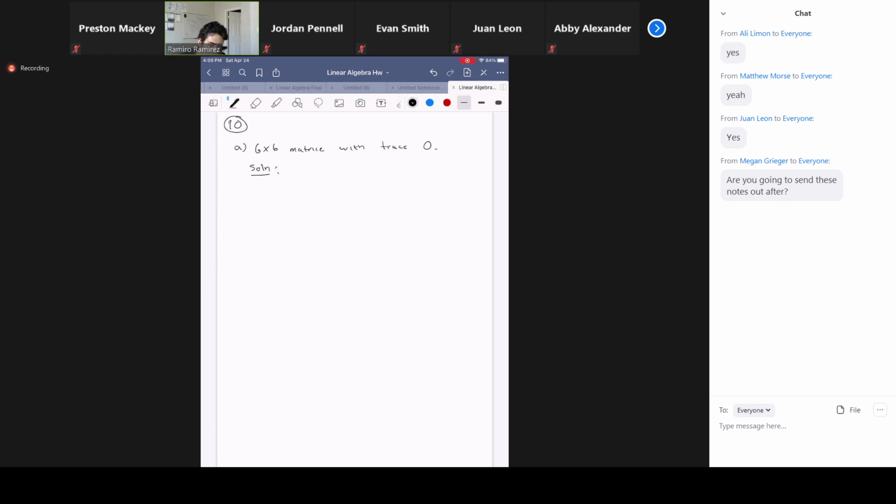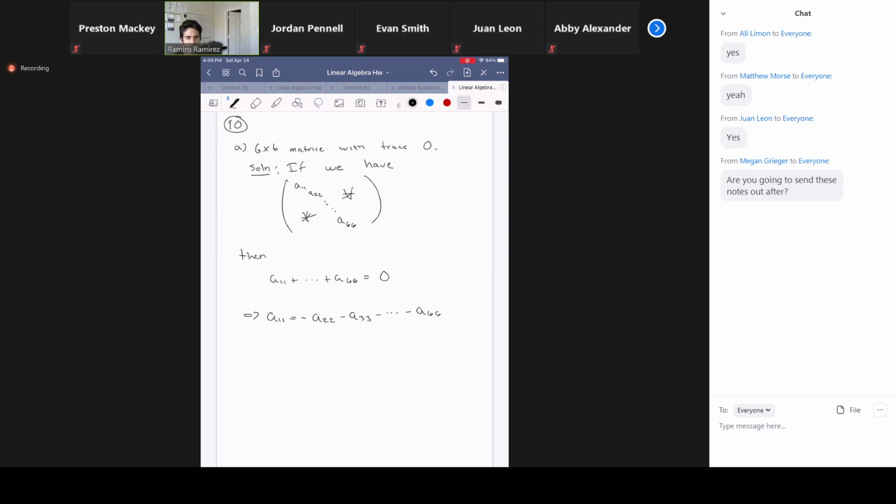If you have A11, A22, all the way to A66, and who cares what all this other stuff is, then we need A11 plus all the way to A66 to be 0. In other words, A11 has to equal minus A22 minus A33 all the way to minus A66, right?